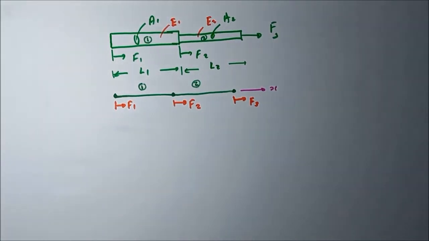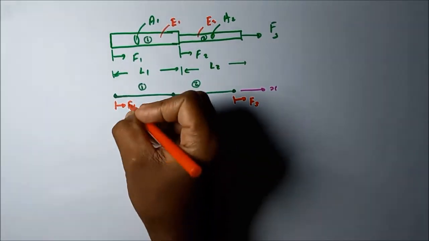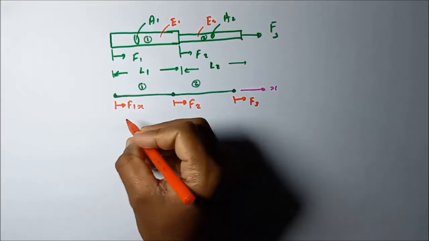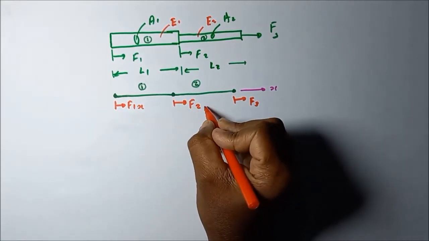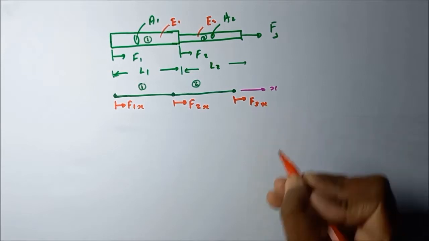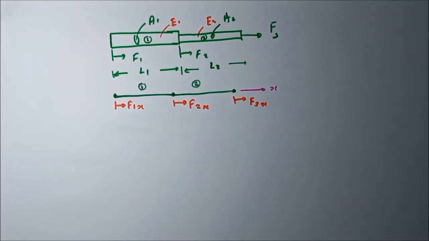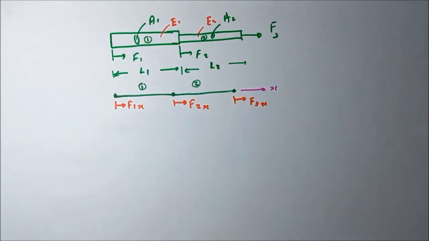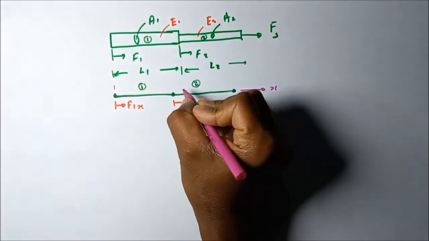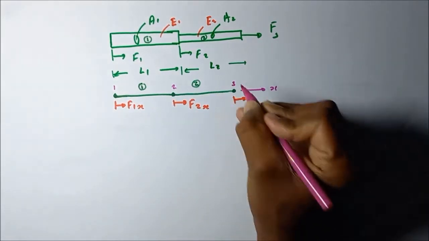So when assigning the forces, we write F1x, that means the force acting in the x direction, this one also x direction, this one also x direction. The node numbers we also have to include: node 1, node 2 and node 3.